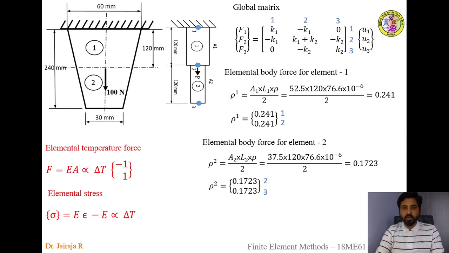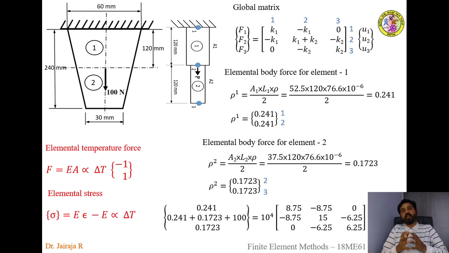In this problem, body force is given, and in addition to body force, an externally applied force is also given. Another possibility is that the temperature effect can also be considered. If a temperature difference is given, how do we calculate the elemental temperature force vector? For body forces we know the equation.